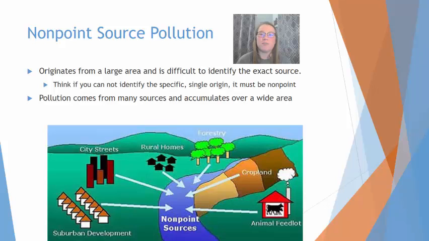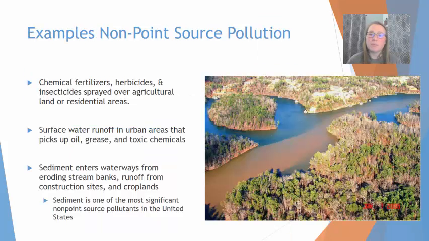Oftentimes, this pollution is coming from several sources over a wide area, and it accumulates into that water body. Some examples include chemical fertilizers, herbicides, and pesticides that are sprayed over agricultural or residential land areas. Oftentimes, it's such a large land area that you cannot pinpoint exactly where it is coming from.